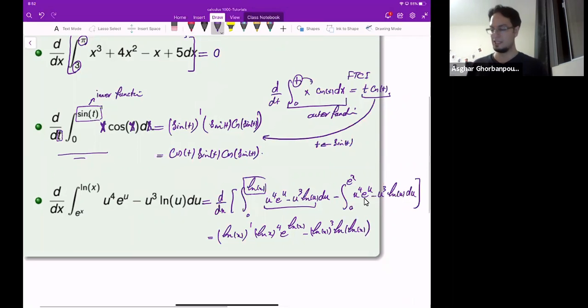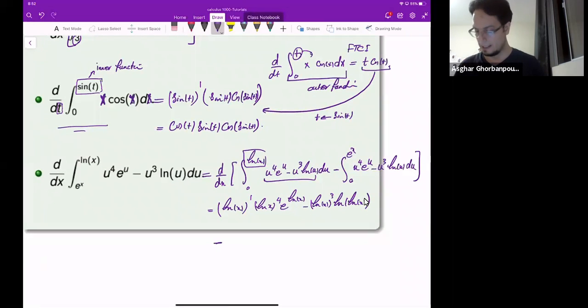So that is the derivative of the first part, minus, here, the derivative of e to the power x, then evaluate the integrand at that. So it will be e to the power x to the power 4 e to the power x minus e to the power x to the power 3 ln of e to the power x.